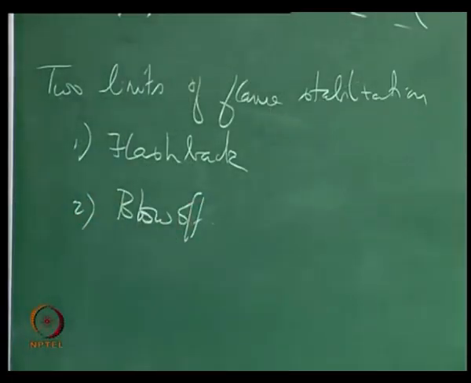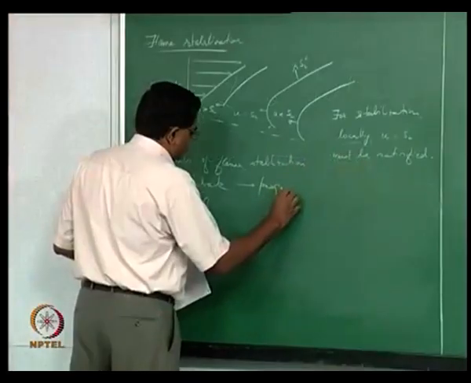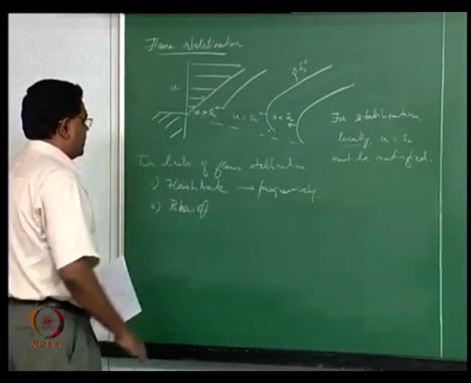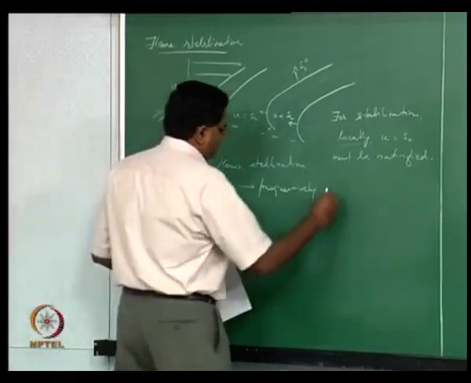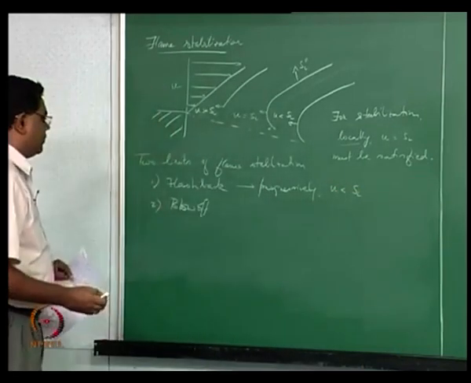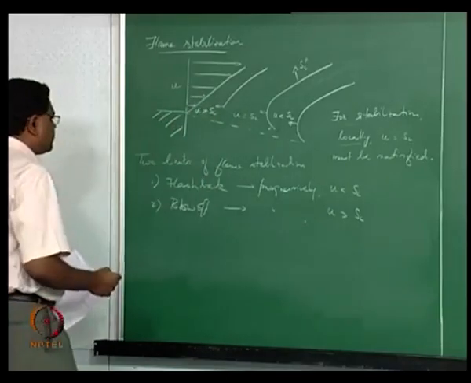Here progressively SL becomes less than U, and there progressively U becomes greater than SL. We say progressively for a reason that I will explain soon.